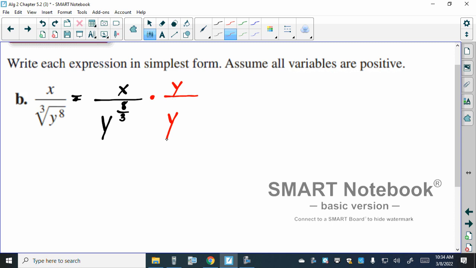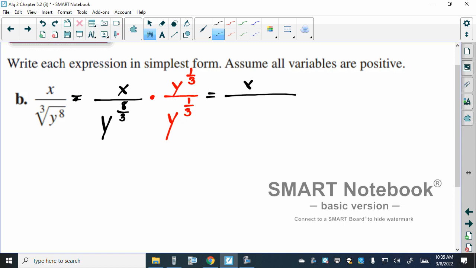So we're not just adding 1, we need to add 1 to the 8. So what I'm adding is actually 1/3, because 8/3 plus 1/3 would actually be 9/3.